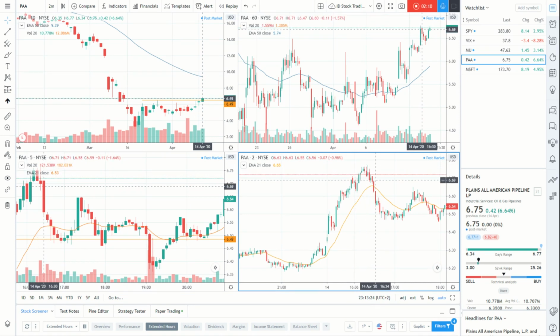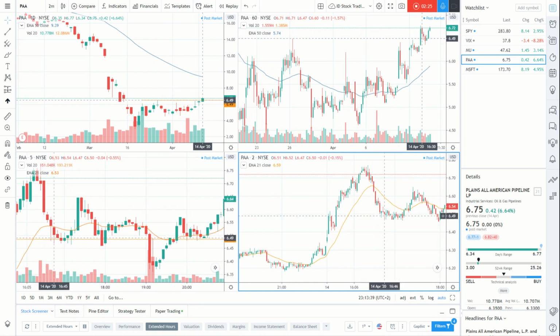And then the S&P started to collapse, and PAA dipped really sharply, and it was not what I expected it to do.